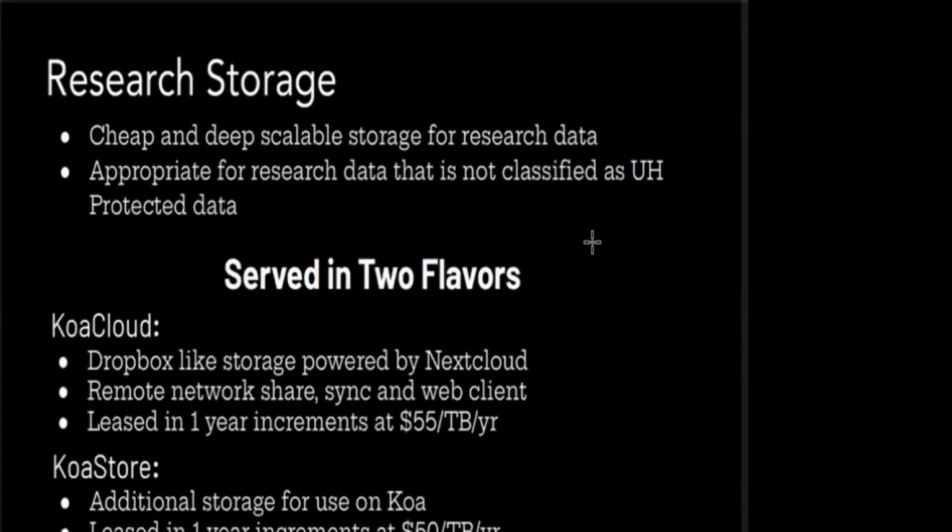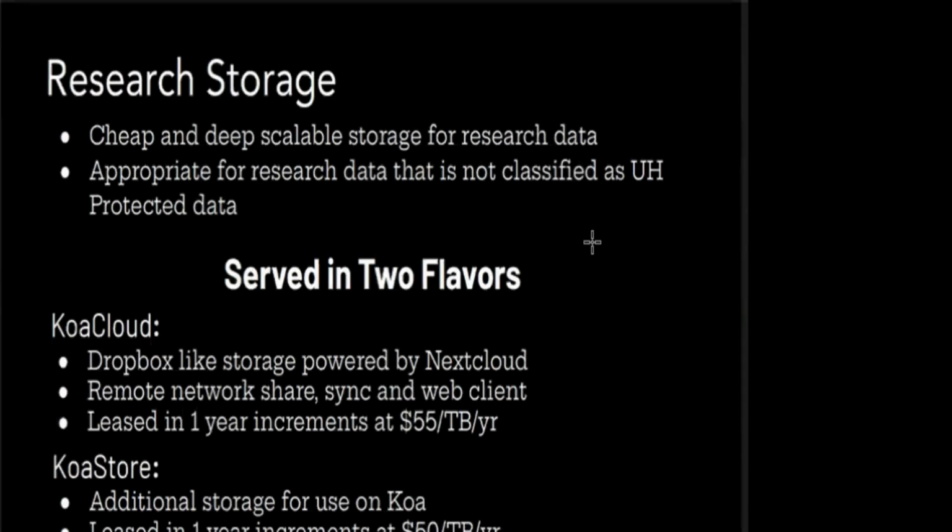We do offer research storage, leased research storage as well. So the so-called cheap and deep scalable storage for research data comes in 2 flavors. In particular, COA is not set up for data that's classified as protected data.